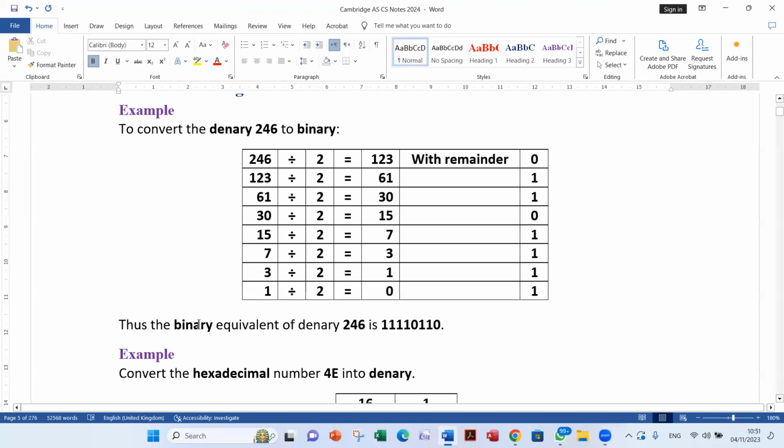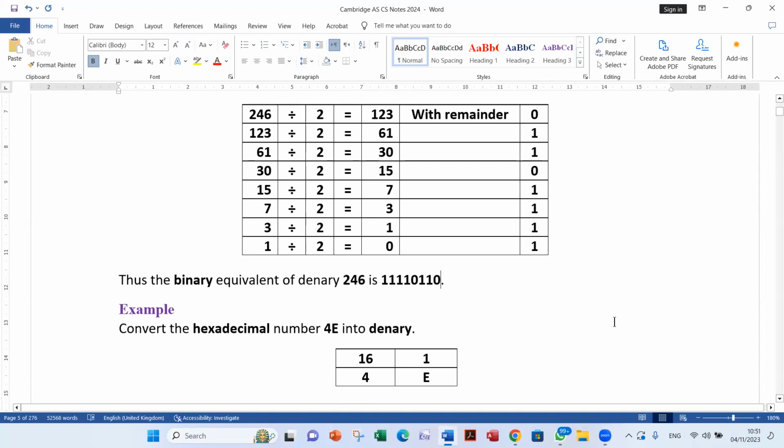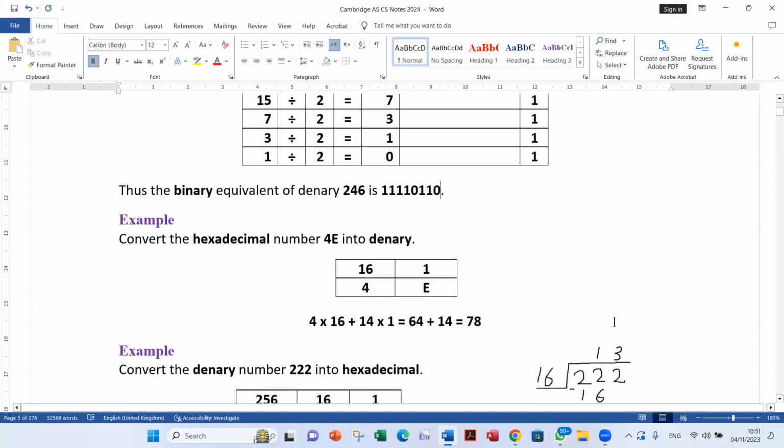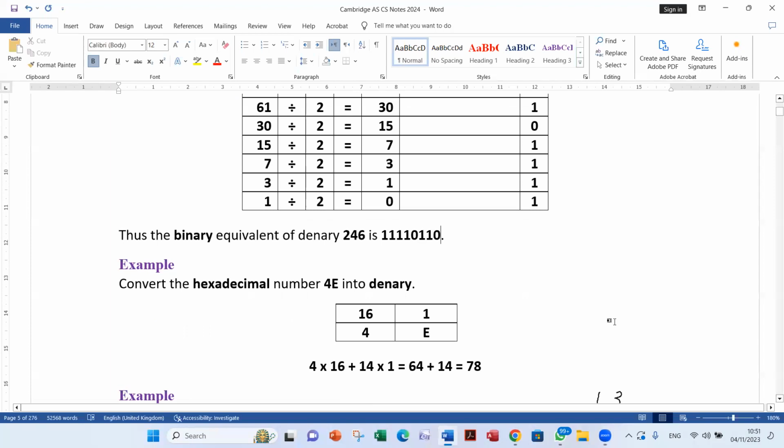Convert the number 4e to denary. Let me explain one example for you, and you do the other. And as you can notice, all of this is just recalling.